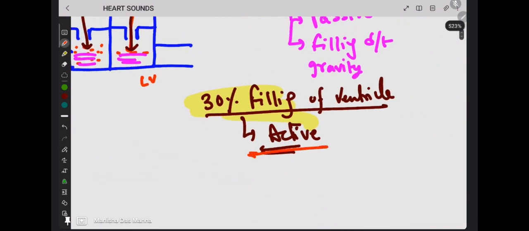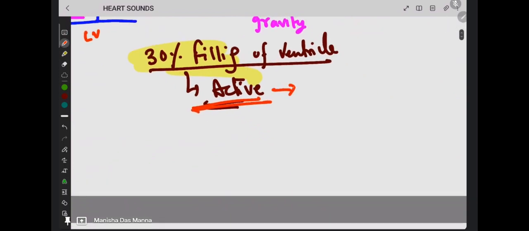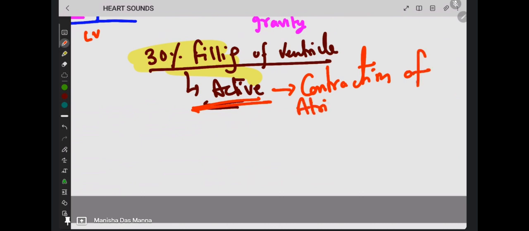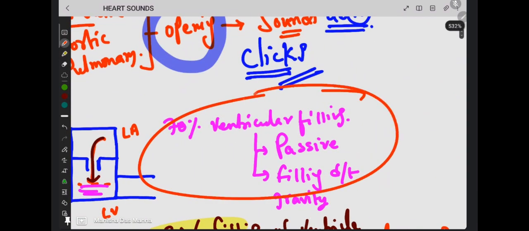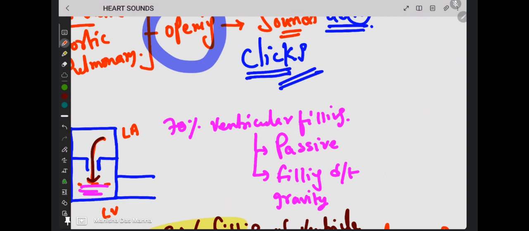It is active filling, and here the contraction of the atrium is important. But for the first 70% filling, there is no necessity of atrial contraction. This is passive, and the last 30% is active.